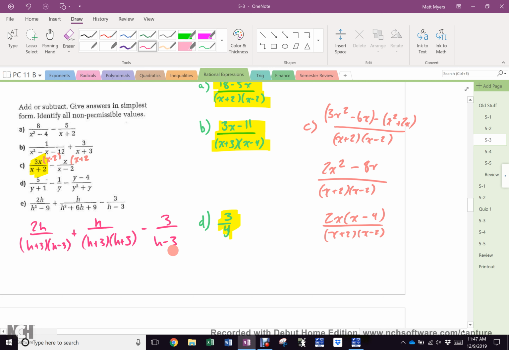What's the common denominator? h plus 3, h plus 3, h minus 3, right? That covers all of it.